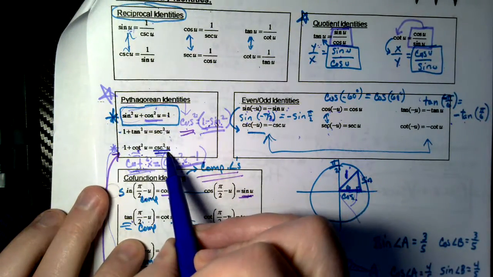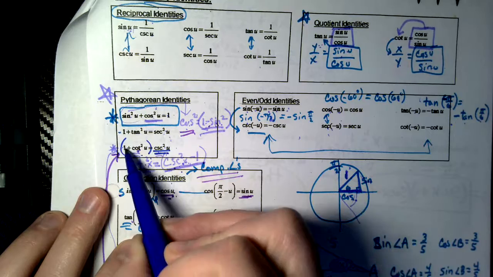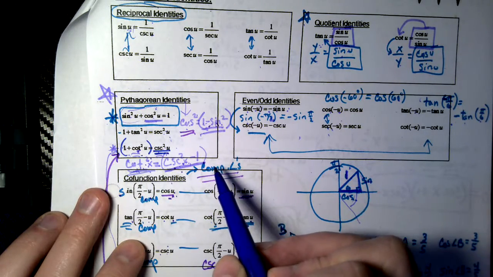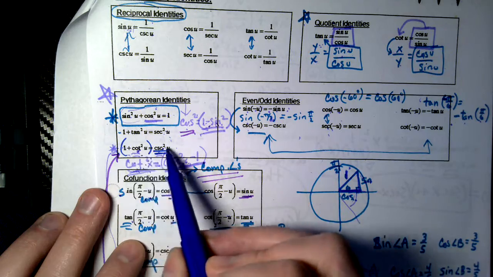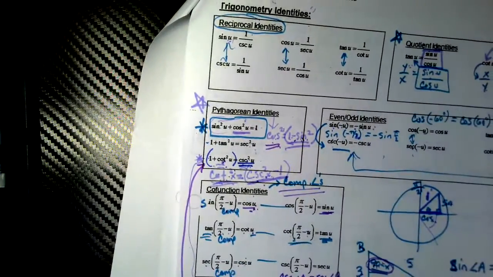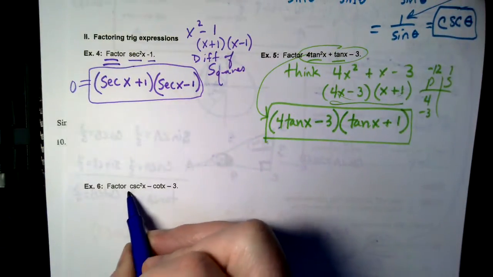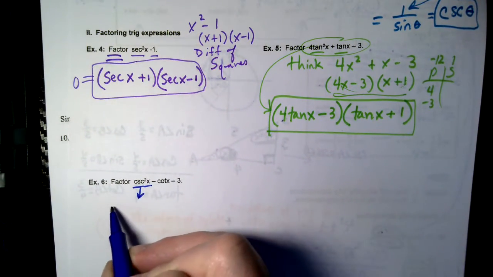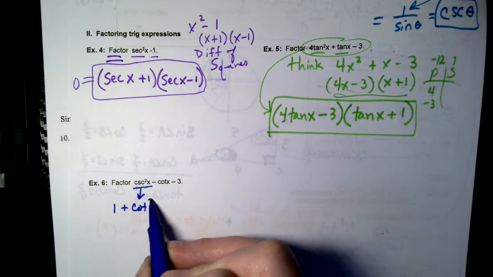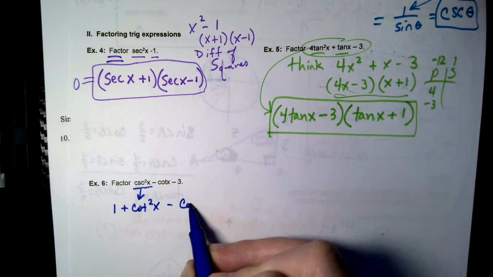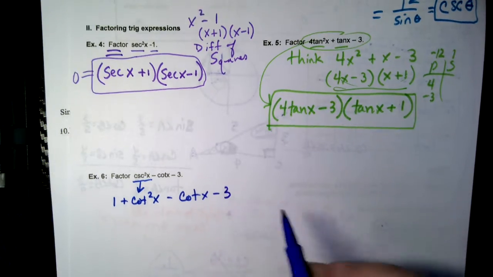Cosecant squared, you could replace that with 1 plus cotangent squared. So I'm going to replace it with 1 plus cotangent squared x minus cotangent x minus 3.